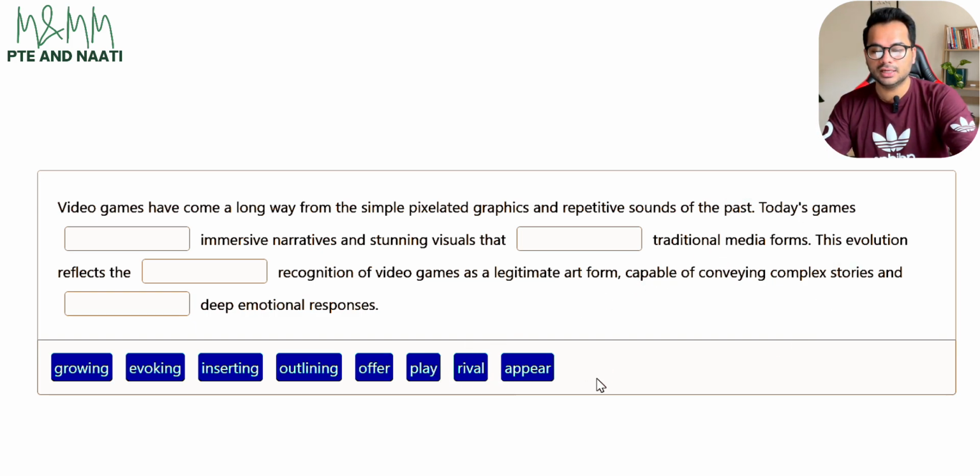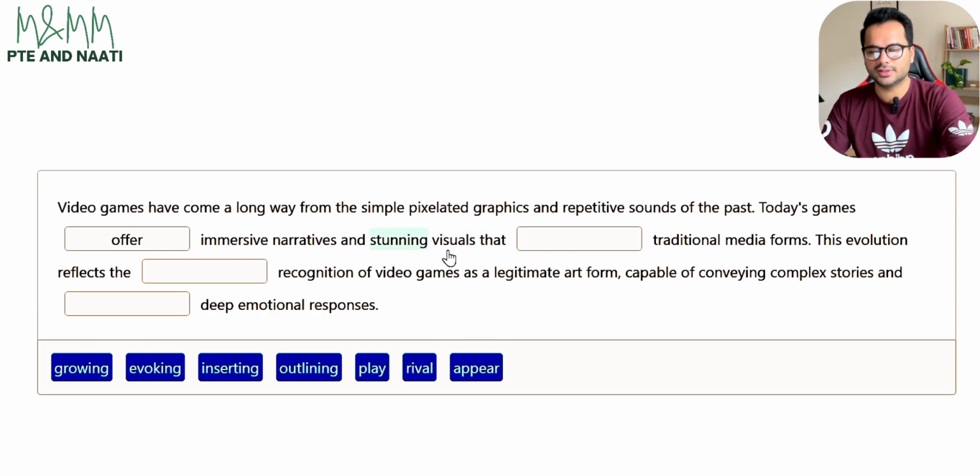And today's games appear immersive narratives. If I was to use the word appear, then I need to have today's games appear to have immersive narratives. So just using the word appear would be an incomplete sentence, grammatically incorrect. So my correct answer over here has to be offer. Today's games offer immersive narratives and stunning visuals.